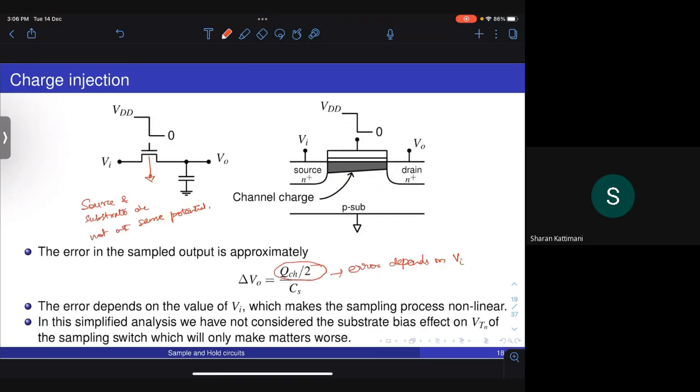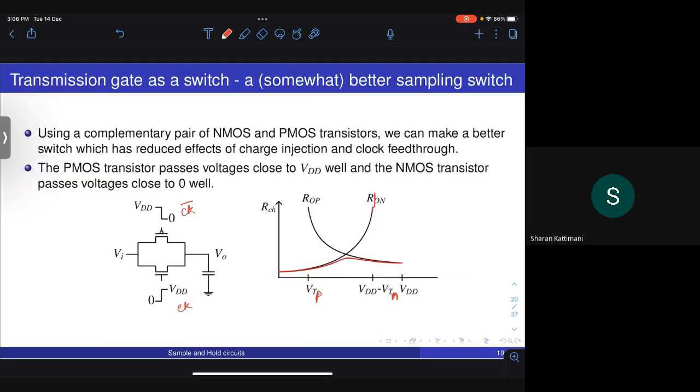So one of the ways of compensating it is a simple-minded idea: I'll use both NMOS and PMOS together. While in principle the idea sounds good, it has a lot of practical problems because clock and clock bar have to be well aligned, and in any case it becomes impossible to maintain constant resistance across 0 to VDD, partly because you need to have a higher resistance for PMOS in order to match the geometries which is required to compensate the charge injection and clock feed through accurately.